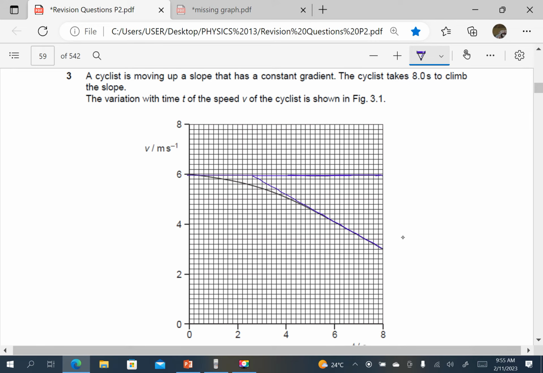Okay, so I'm removing the area of that triangle. The triangle is stopping around here. I'm just going to estimate it to that point.